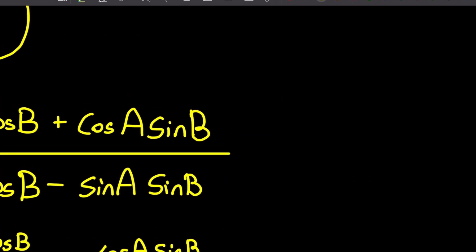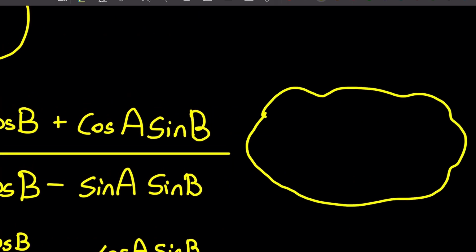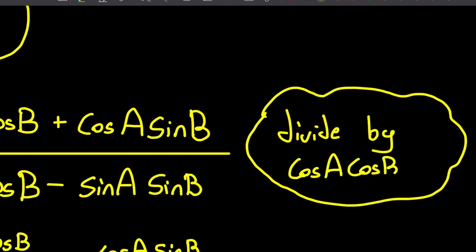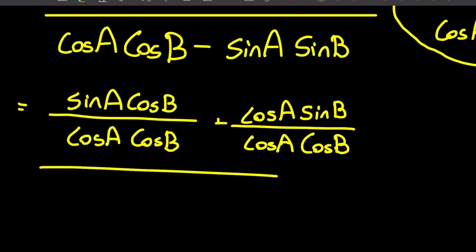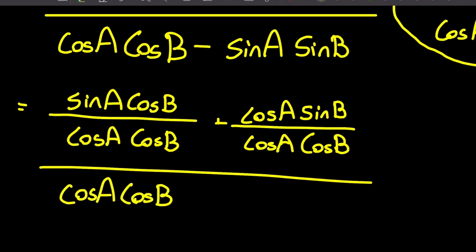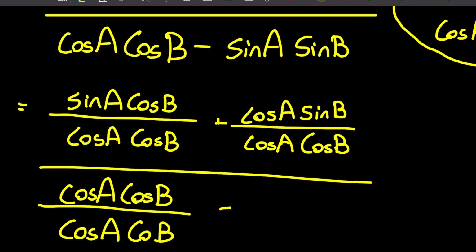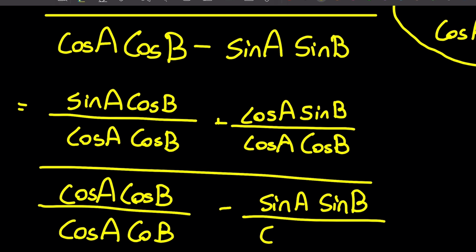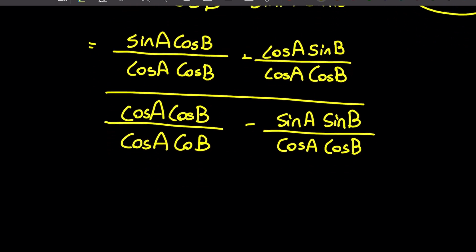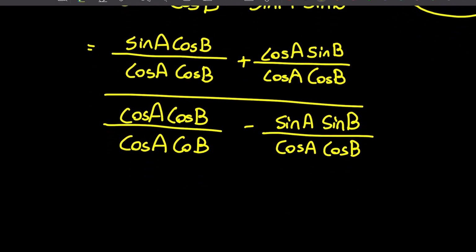If you're not getting it, you can write here: divide by cos A cos B. This way we can get everything to be in terms of tan. And don't forget, there's already a denominator, so it'll be over cos A cos B, over cos A cos B, minus sine A sine B over cos A cos B. I've been saying cos so much, and this might look like madness to you right now, but hopefully you're understanding. And we can simplify this now.